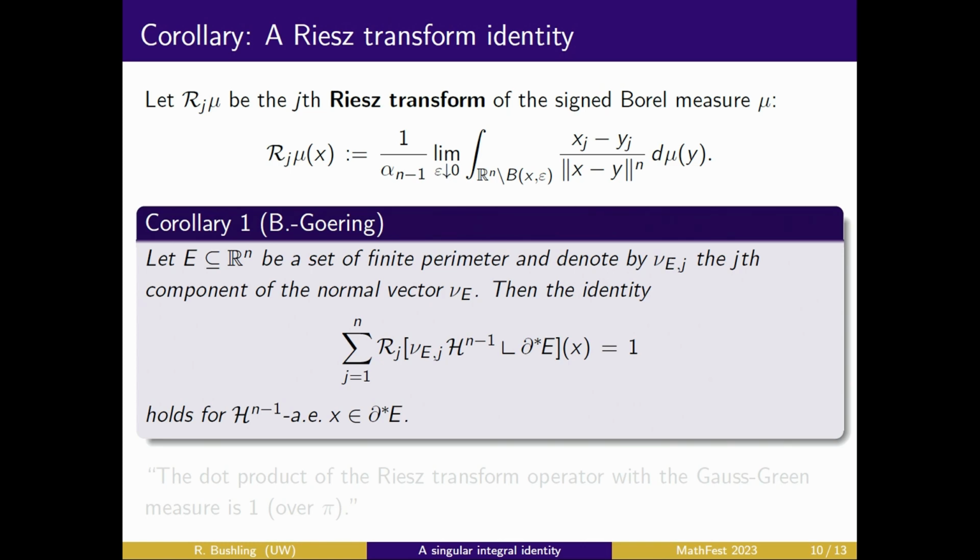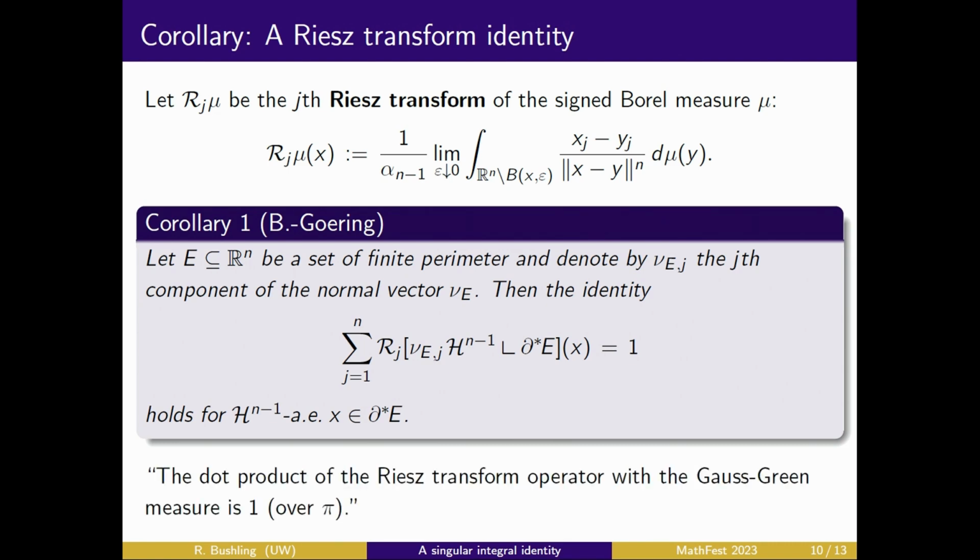Then we have this identity here. For any set E of finite perimeter with jth component of the unit normal vector field denoted by nu Ej, we have the following. The sum from j equals 1 to n of the jth Riesz transform of nu Ej times n minus 1 dimensional Hausdorff measure restricted to the reduced boundary, that sum is almost everywhere equal to 1.